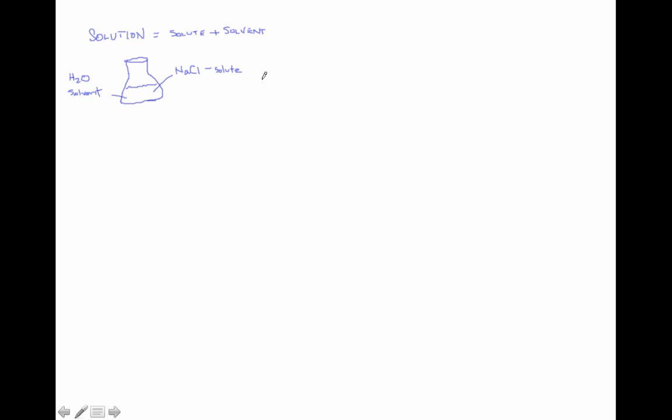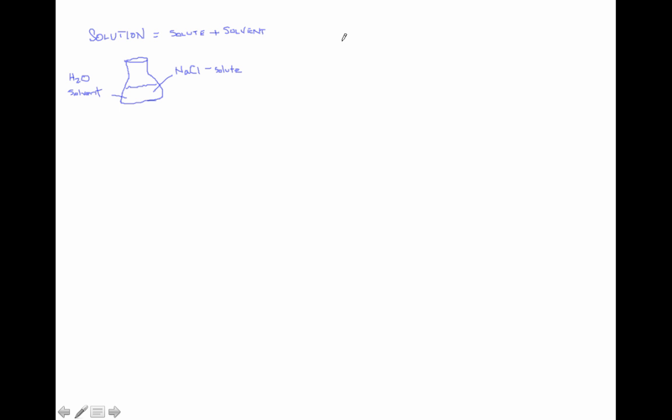But you can have a solution of gases. Air is a solution because it's a homogeneous mixture of nitrogen and oxygen and helium and other gases. A solution can be a solid. It can be like white gold is silver and gold mixture. It's homogeneous. And the minority component would be the solute.